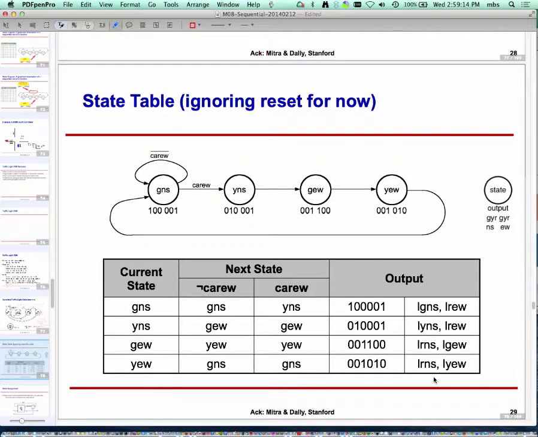At this stage, I have not made a commitment as to what bit pattern would be used to represent these states. All I know is there are 4 states, and I have given them names of GNS, YNS, GEW, YEW. Since I have 4 states, I could use 2 bits for them. I could, let's say, call them 00, 01, 10, 11, or any other, or maybe I can call state GEW to be 00.